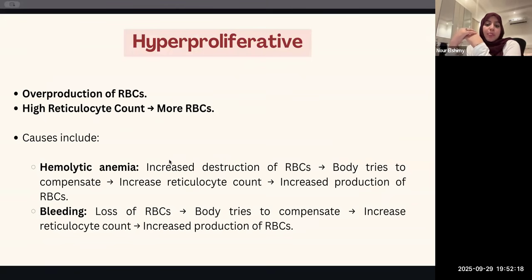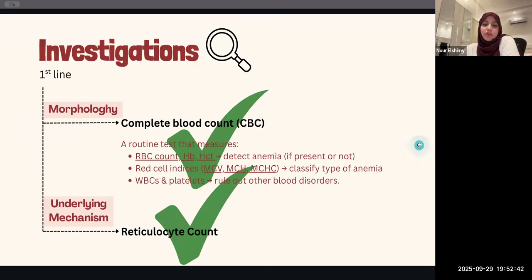In hemolytic anemia, destruction happens to the red blood cells, so your body's trying to compensate. It's trying to make more red blood cells to replace the lost red blood cells. And that's why it's going to be hyperproliferative, meaning the reticulocyte count is going to be increased to make more red blood cells. Same thing for bleeding as well. So this is just a way for the body to compensate. Okay?